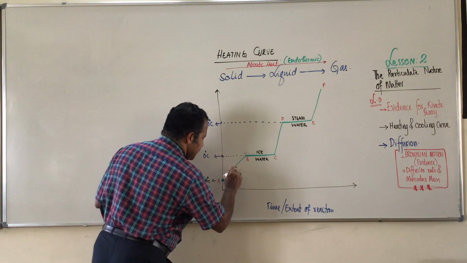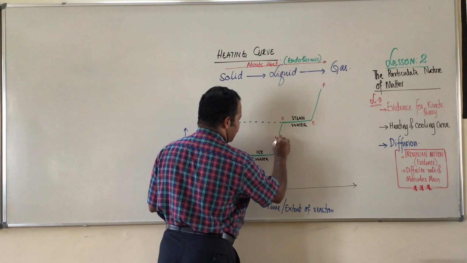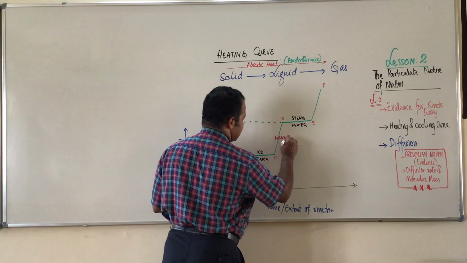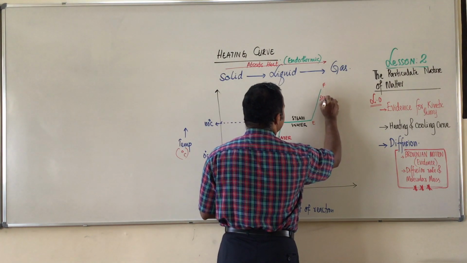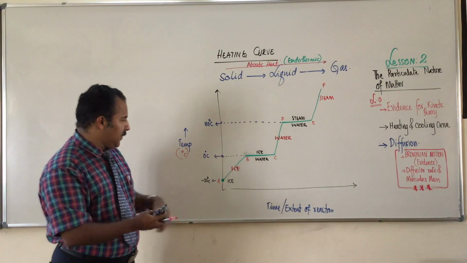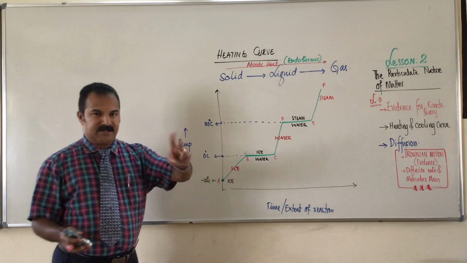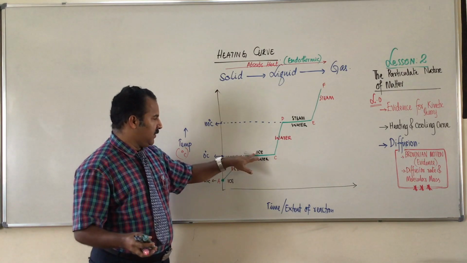Basically, this is the area where we have only ice, this is the area where we have only water, and this is the area where we have only steam. So, if there is a coexistence of both ice and water, that should be somewhere over here.